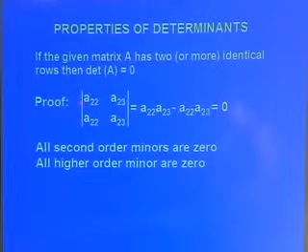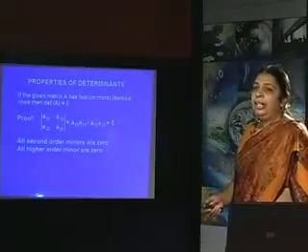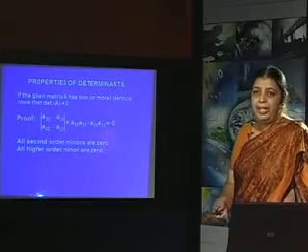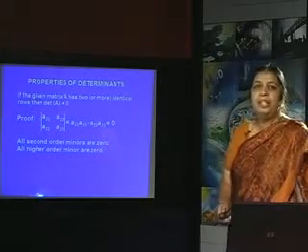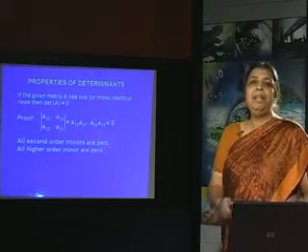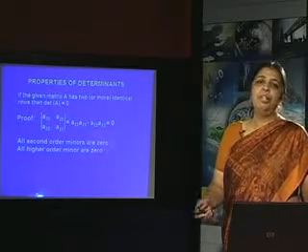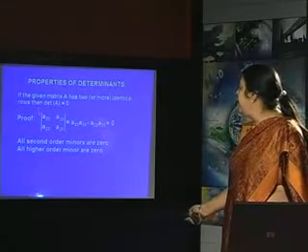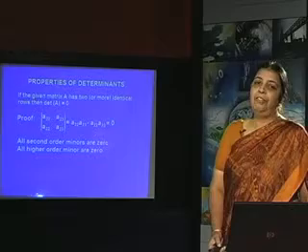Now this concept can be generalized for nth order determinant, because nth order determinant can be written in terms of n minus 1th order determinants. This n minus 1th order determinant will be written in terms of n minus 2th order determinants, and ultimately everything will be written in terms of second order determinants. And since all the second order determinants are 0 here, the final result will be 0.